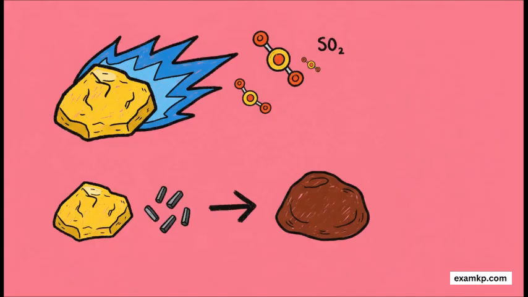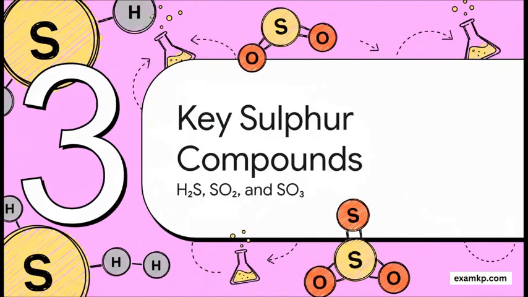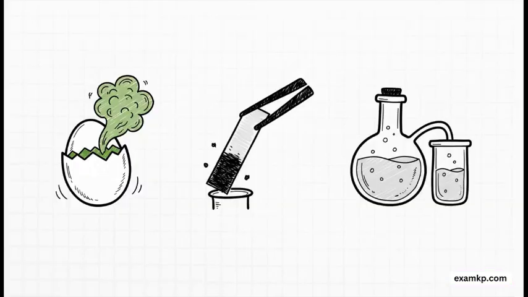Excellent work. Now that we have the basics down, let's look at the compounds of sulfur. We're going to focus on the big three that are always in your syllabus: H2S, SO2, and SO3. Let's go. First up, H2S, hydrogen sulfide. The one everyone knows because of that terrible rotten egg smell.